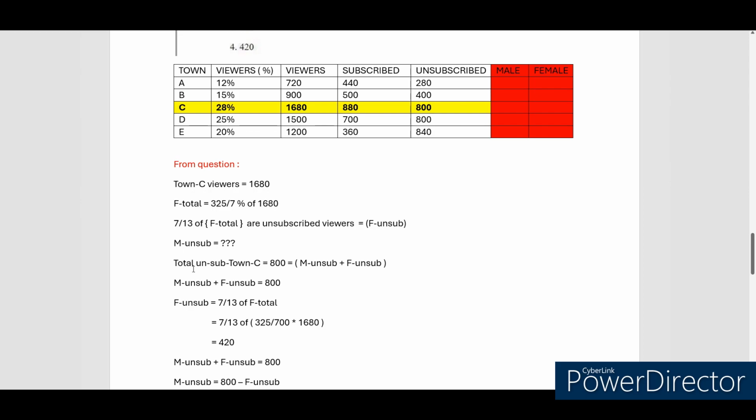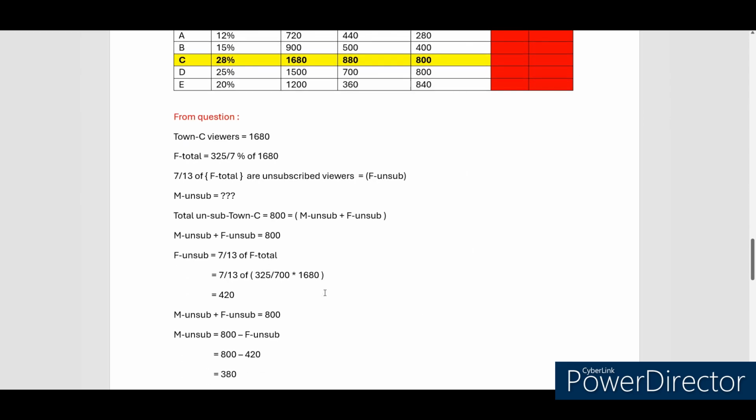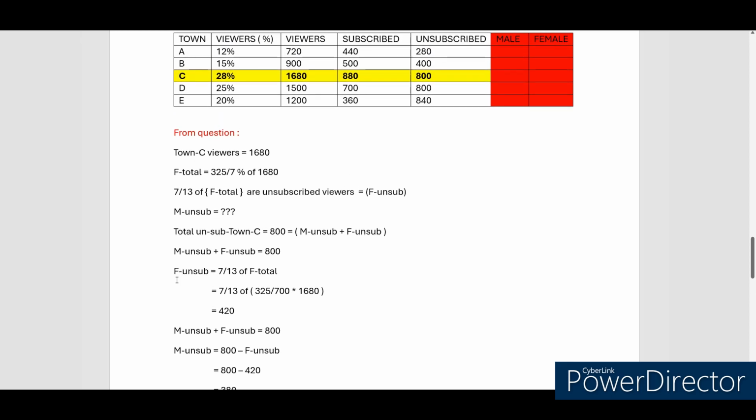Before that, we need to calculate the total unsubscribed in town C. What is the total unsubscribed in town C? We get it directly from the table, right? It is around 800. So M plus F unsubscribed is equal to 800. Now the equation will become male unsubscribed plus female unsubscribed is equal to 800. Female unsubscribed will be equal to 7 by 13 of female total, which we have got from the second equation.